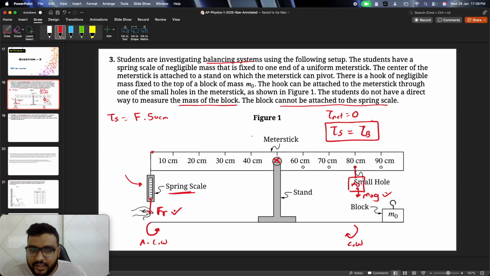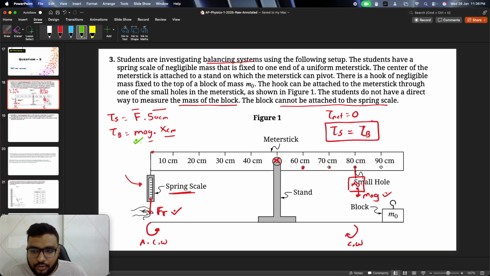To find the torque of the block, I will know the distance from the axis, whether it is 10, 20, 30 or 40 centimeters. So it is m0 g multiplied by x centimeters, where x is a known value. When we equate these, I know the value of x, I know 50 centimeters, I know F, and I know g, so I will be able to figure out the value of m0.